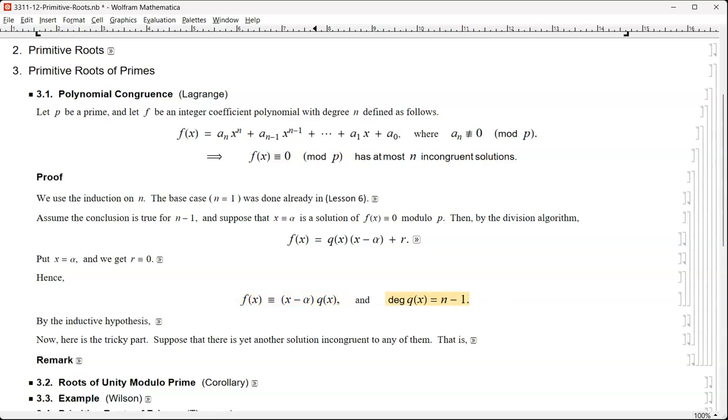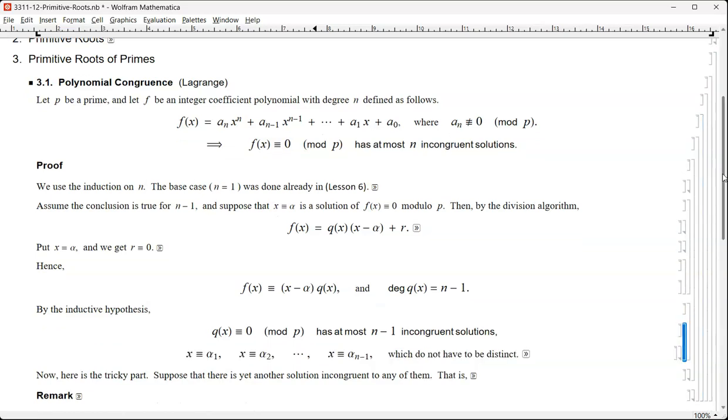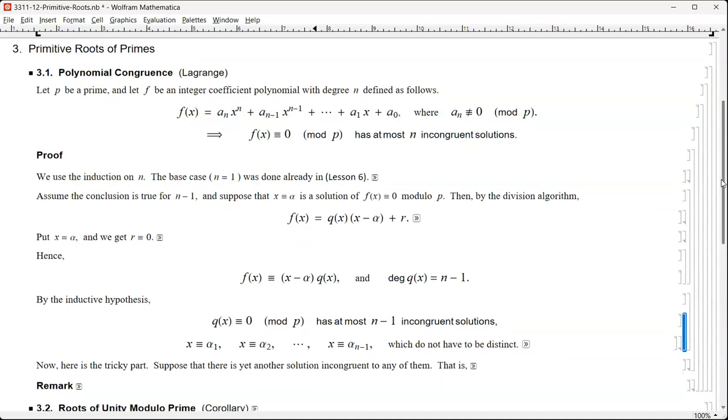And the degree of q is n minus 1. x minus alpha has degree 1 and f has degree n, so q must have degree n minus 1. Degree n minus 1, alright, we can apply the inductive hypothesis. The polynomial q of x has at most n minus 1 incongruent solutions, namely alpha 1, alpha 2, alpha 3, up to alpha n minus 1, which do not have to be distinct.